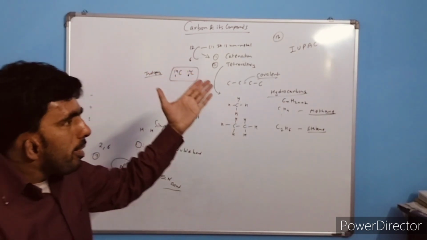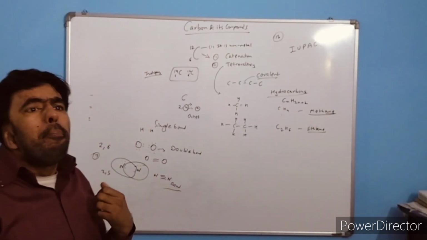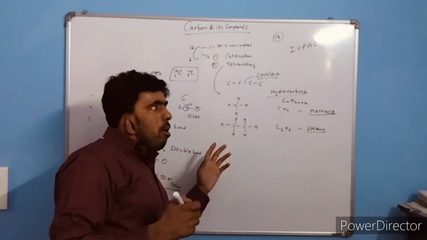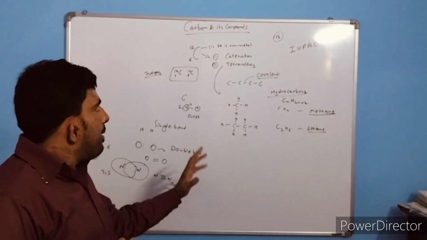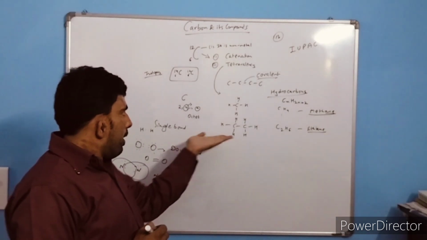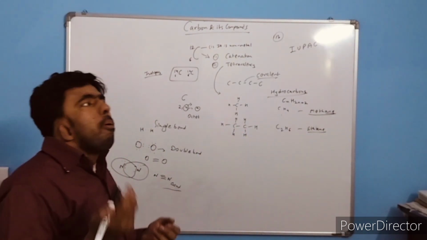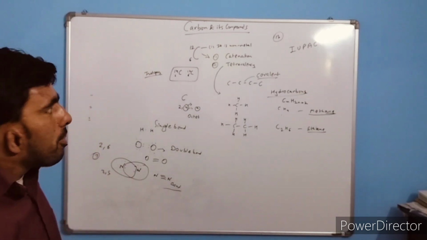So IUPAC has given the nomenclature for how we name a compound, that is called a hydrocarbon. First, we need to see how many carbons are there. Second, we need to see which bond it is: single bond, double bond, triple bond. Right now I am talking about single bond.